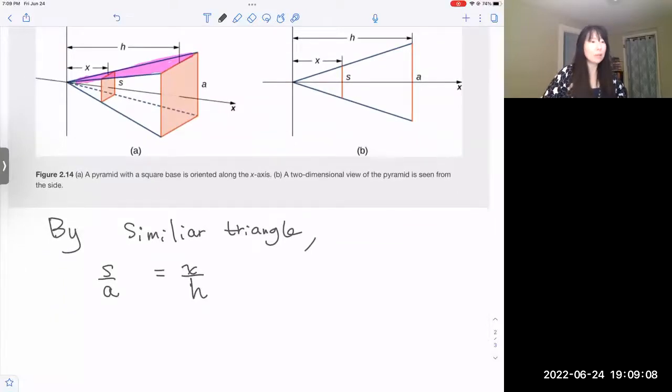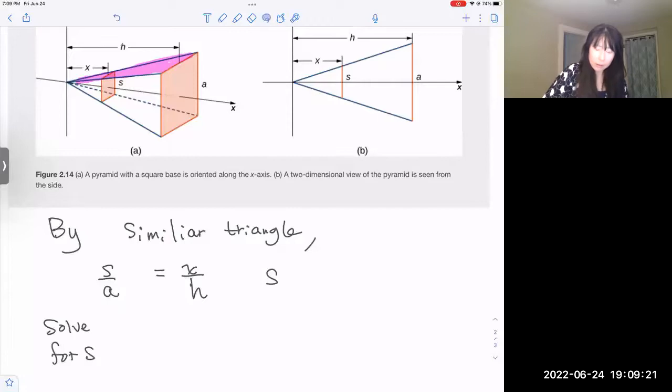Now we're going to solve for S. So if we want to solve for S, then what do you get?